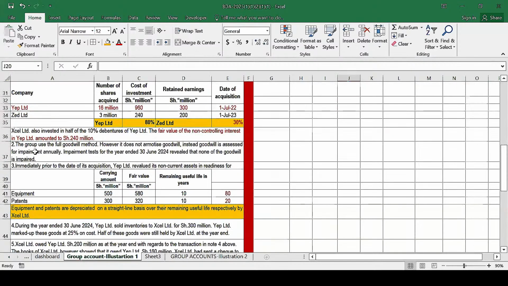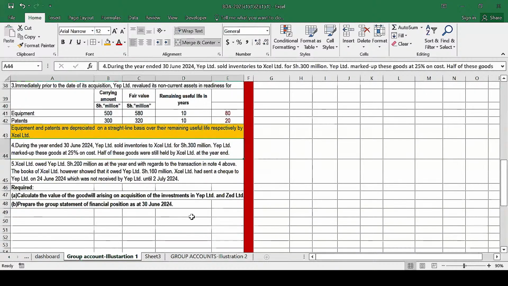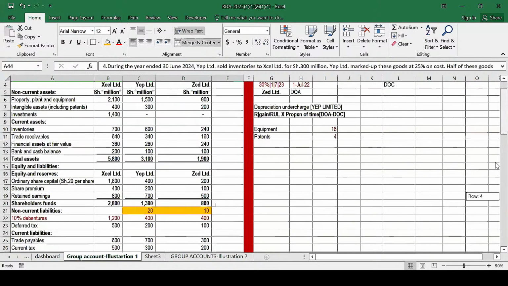So then in note number 4, we are told that during the year which ended 30th of June 2024, YEP Limited sold inventory to OL. Remember, YEP is the subsidiary and it sold some inventory to OL, which is our parent.